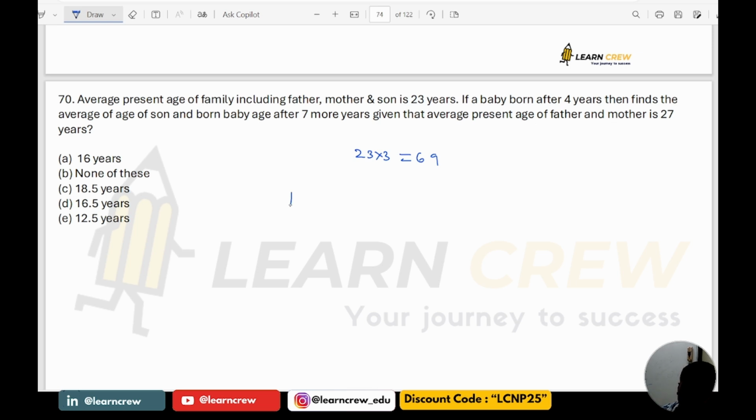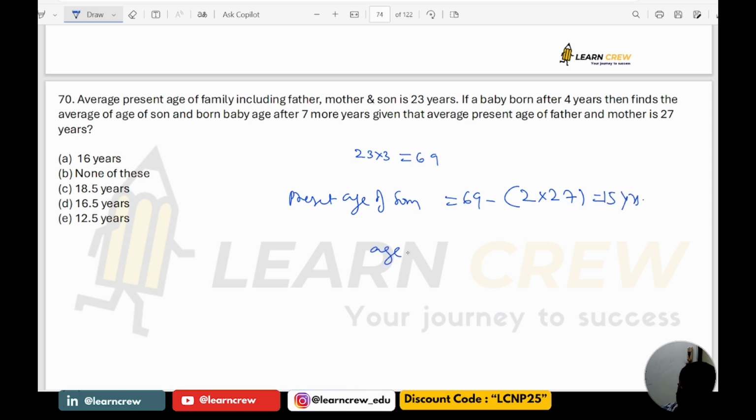So present age of son would be 69 minus 54, 15 years.